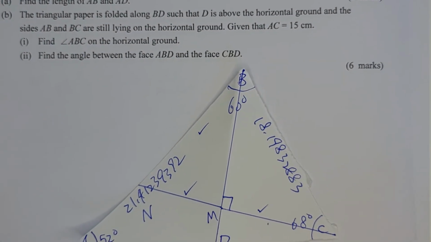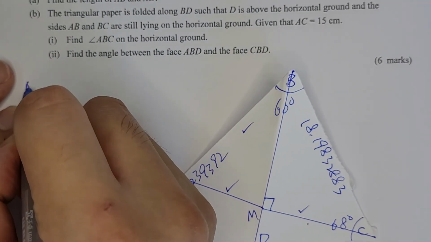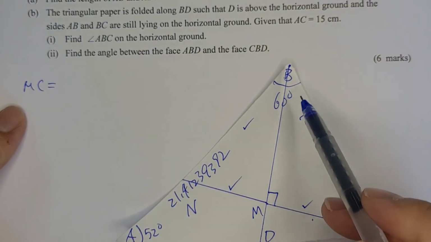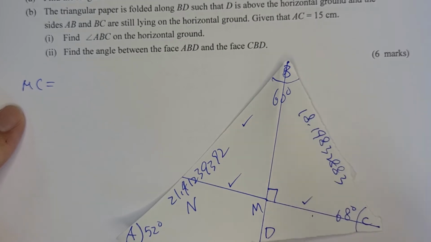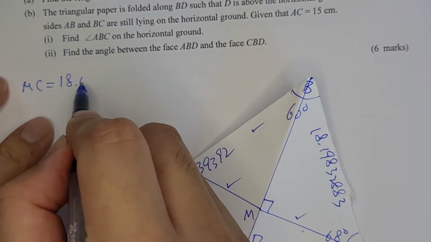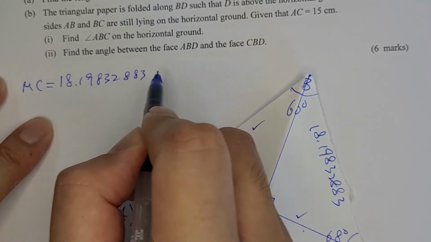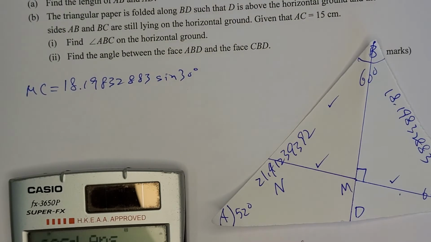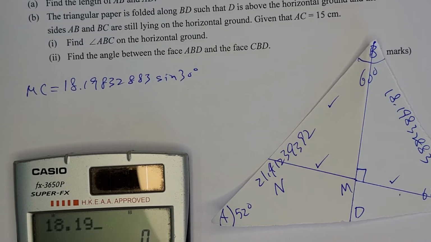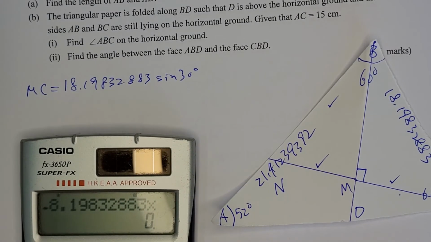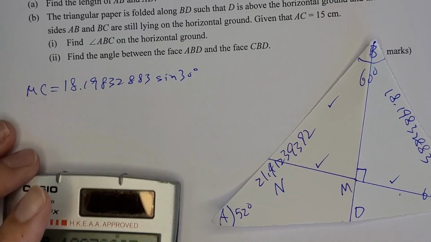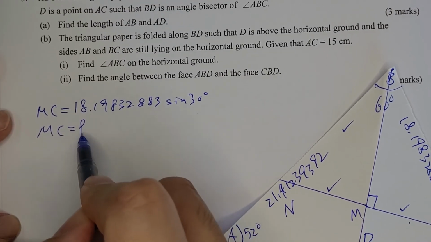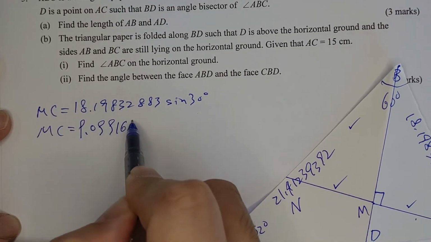MC is equal to this line BC times sine 30 degrees. That is 18.19832 times sine 30 degrees. So that is 9.099164415.